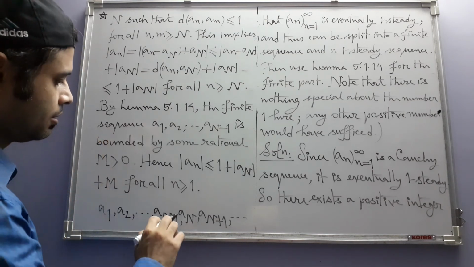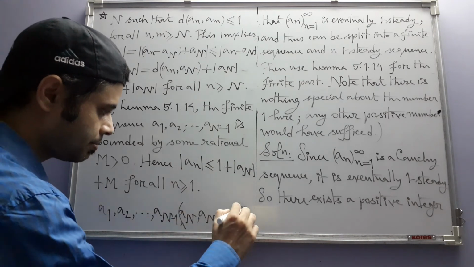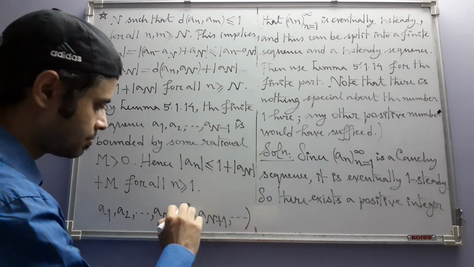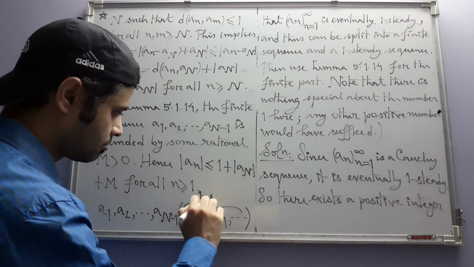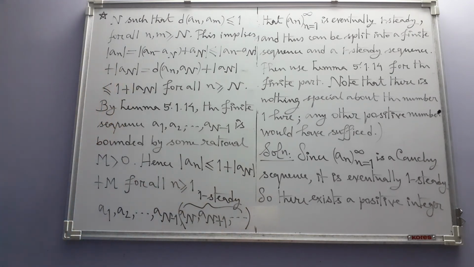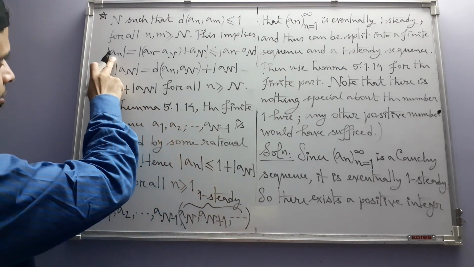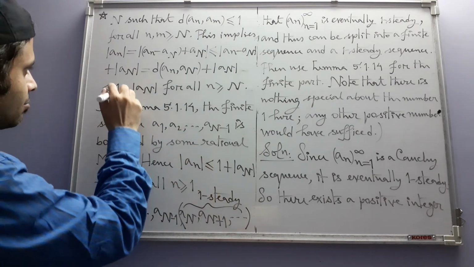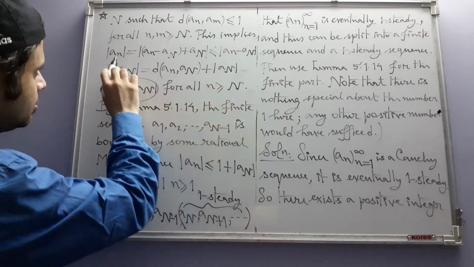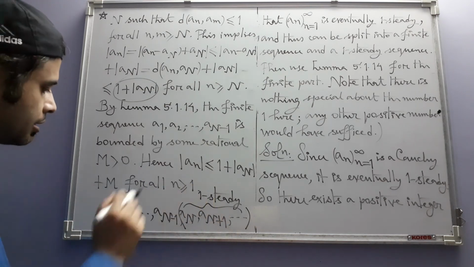The fact that this sequence is Cauchy implies that this part of the sequence is one-steady. From this one-steadiness, we have proved that in this part, the absolute value of every term is less than or equal to this. In this part means n is either equal to N or greater than N.